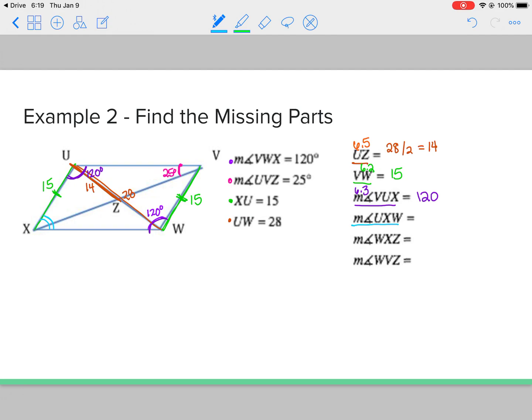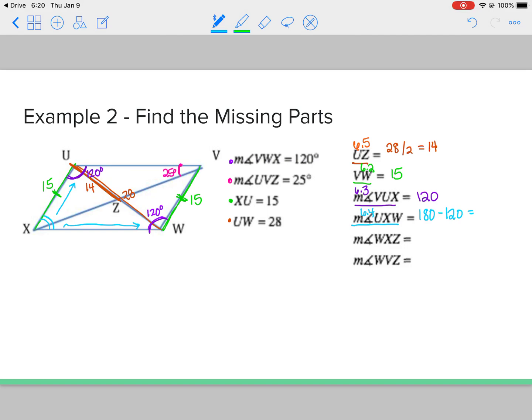But we can use these consecutive angles. Theorem 6.4, the fourth theorem, told us that the consecutive angles are going to be supplementary, and supplementary means that they add up to 180. So to find the measure of angle UXW, we could do 180 minus one of those consecutive angles, which is 120.